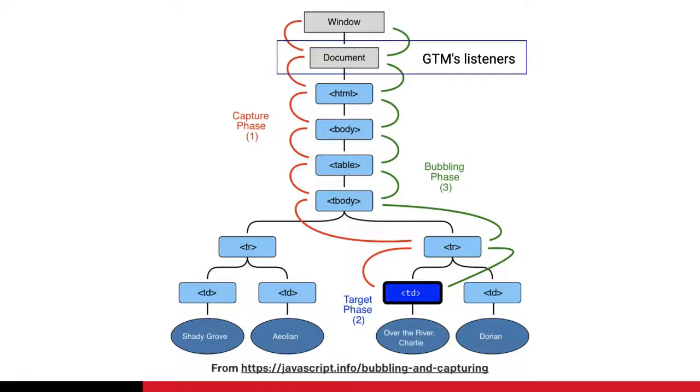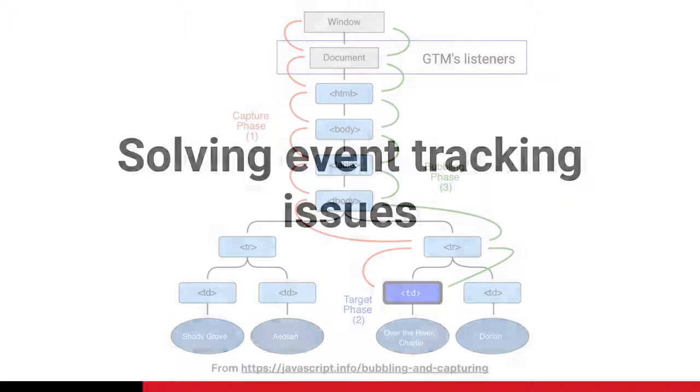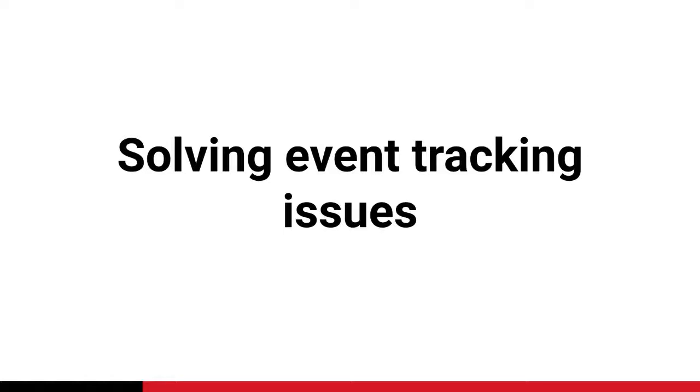So you would end up with elements that GTM simply can't track because it doesn't have listeners attached to them. So by using event delegation like this, GTM is able to really economically listen for user interactions on the page.